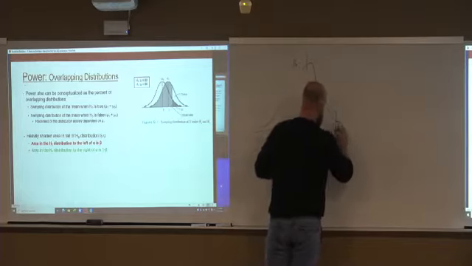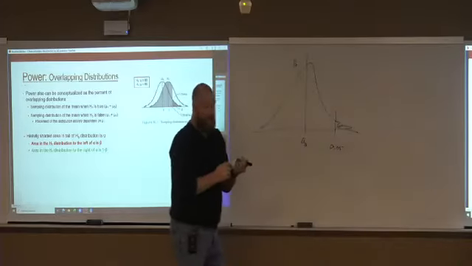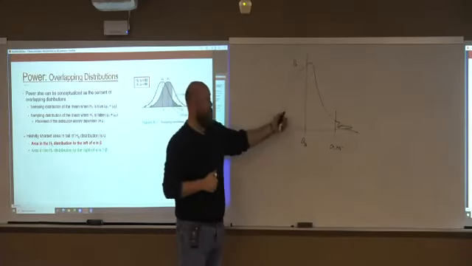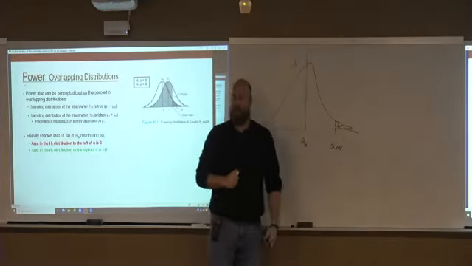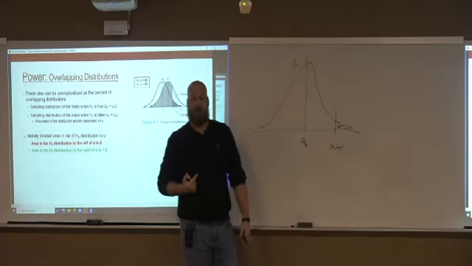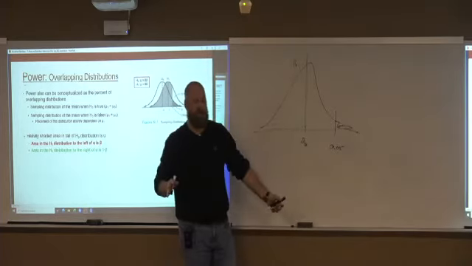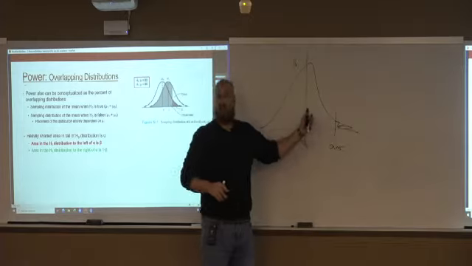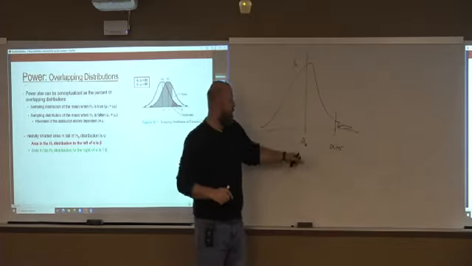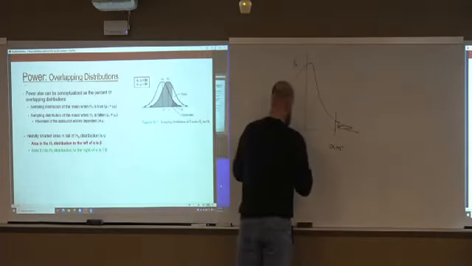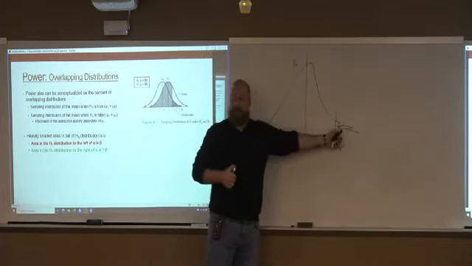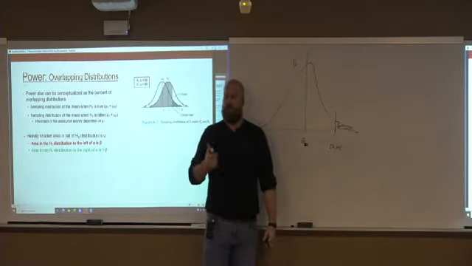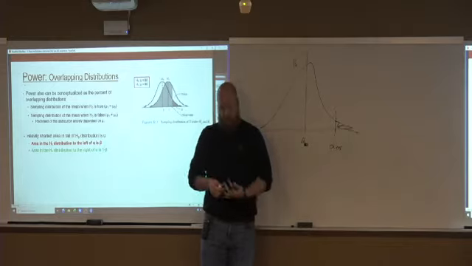So if I were to sample anything from this distribution, if I get something in this tail, that's when I'm going to reject the null hypothesis, right? People with me on this? Okay. So if the actual population mean is 80, as specified under the null, how often am I going to get stuck in this tail? Only 5% of the time, okay?